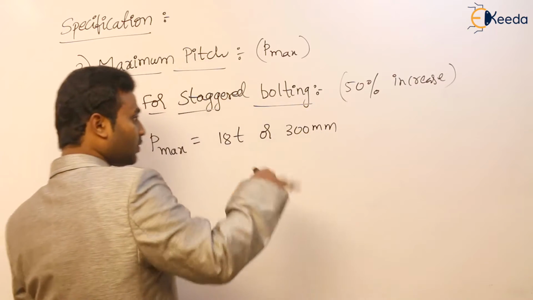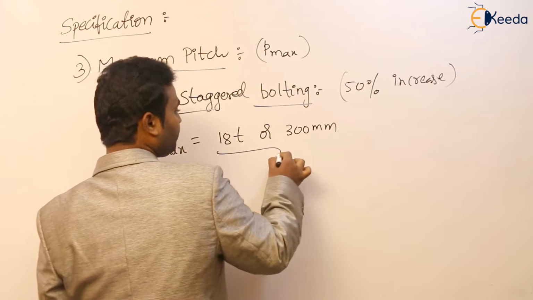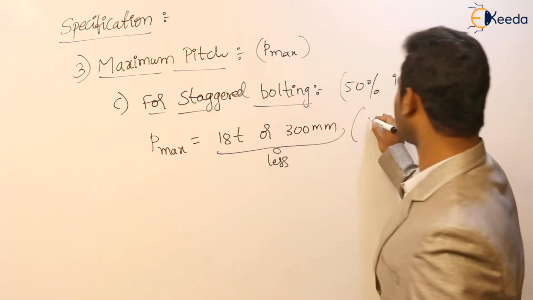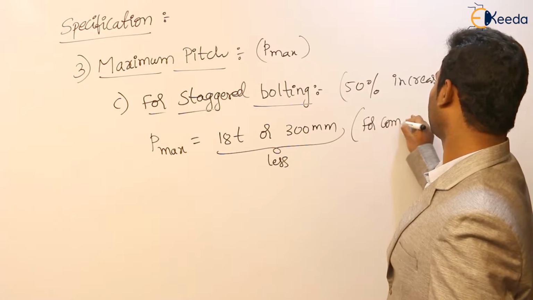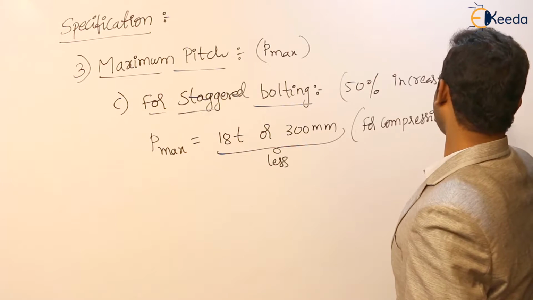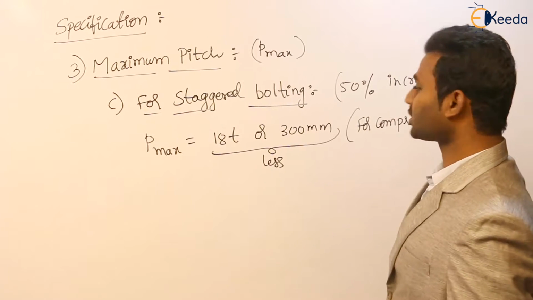So out of these two, we have to consider the minimum, whichever is less. This is for the compression member.